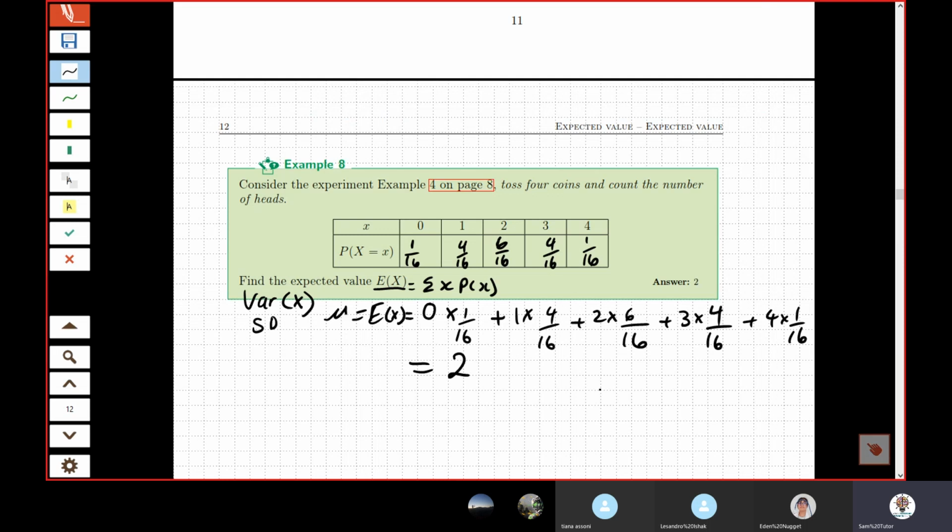If you want to double check that, quickly plug it into your calculator. I'll wait for you. You obviously want to write that down as an example, so I'll wait for you guys to do that. Yeah, equals 2.